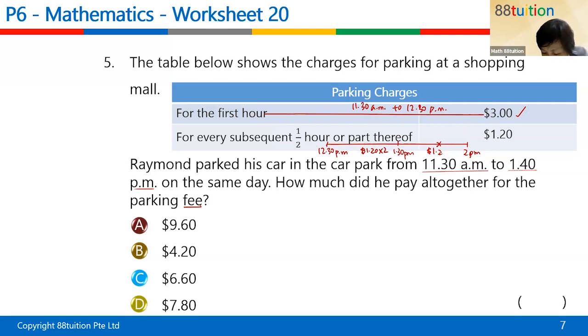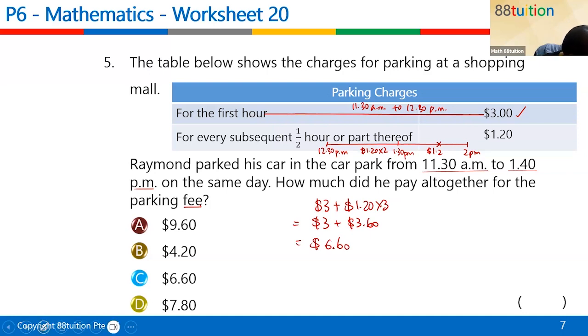Then I don't need to times 2. Okay. So I should have $6.60 from here because of my $3, $1.20 times 3. Okay, order of operations, this one must be done first. So that's where you get your $6.60, which is part C.